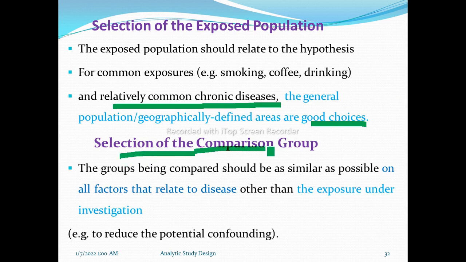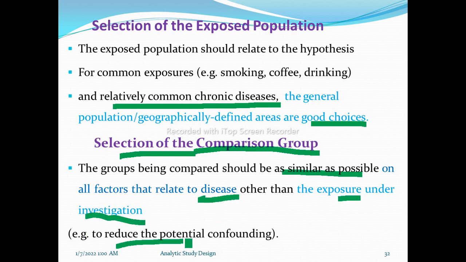And selection of comparison group. The groups being compared should be as similar as possible on all factors that relate to disease other than the exposure under investigation, to reduce the potential confounding.